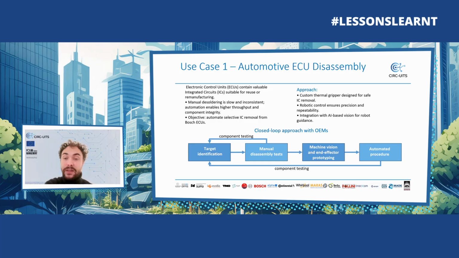After the manual disassembly test, the components are sent back to the OEMs in order to test them, and then it starts the prototyping and design of the automated solution, starting with the localization and manipulation capabilities, so machine vision and effector prototyping, and passing to the full automated procedure. Afterwards, all the components are once again tested by the OEMs in order to validate the whole procedure.